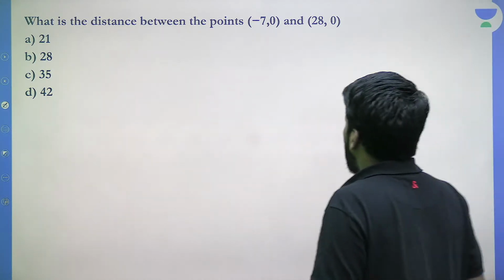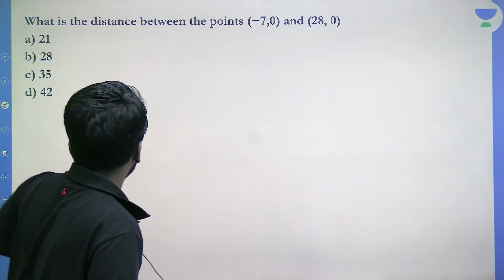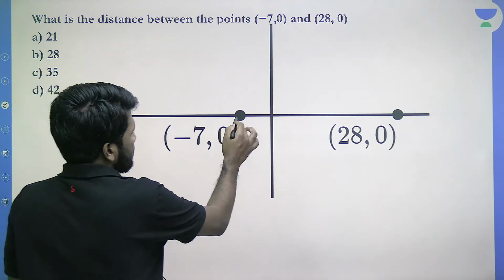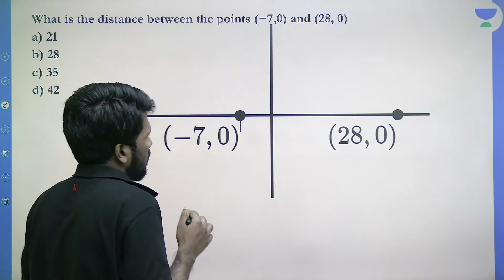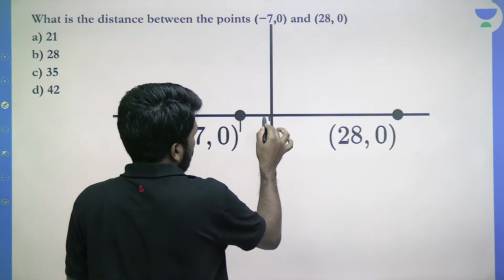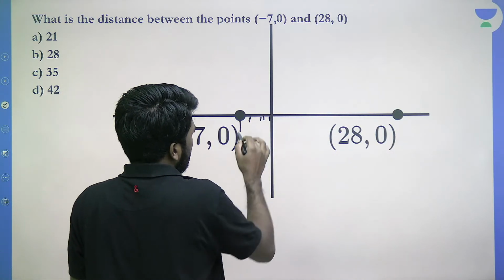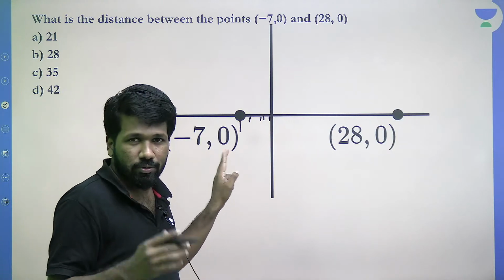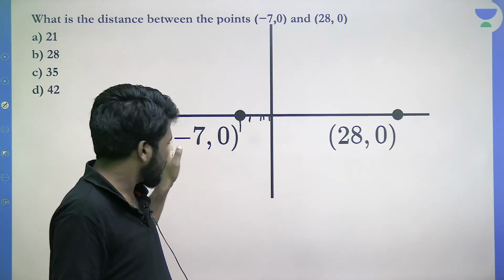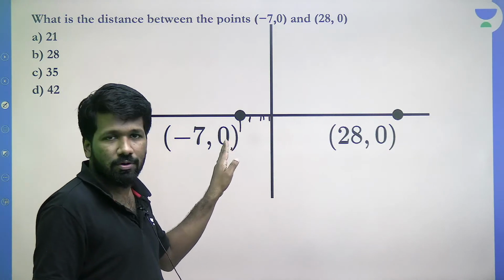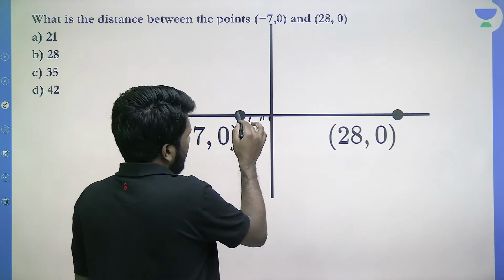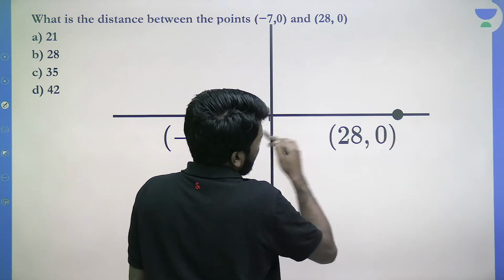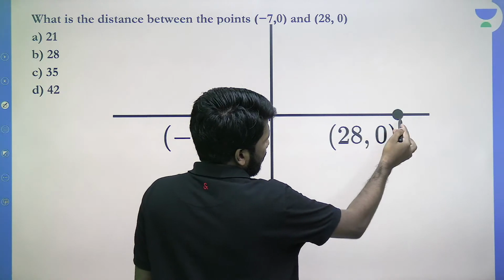What is the distance between the points -7, 0 and 28, 0? So -7, 0 can be represented here. If I am putting 1, 2, 3, 4, 5, 6, 7 here, this is -7. This is the X coordinate and this is the Y coordinate. And 28, 0 means 28 towards the right, in the positive axis, but the Y value is 0.